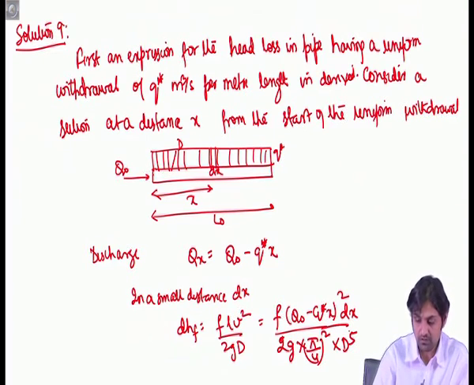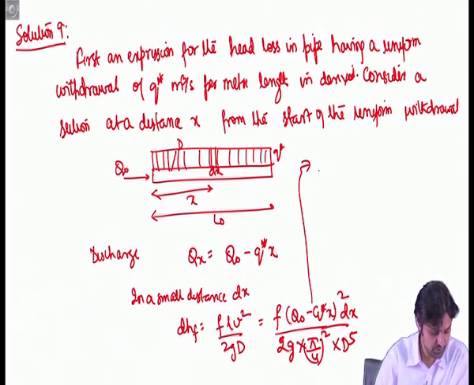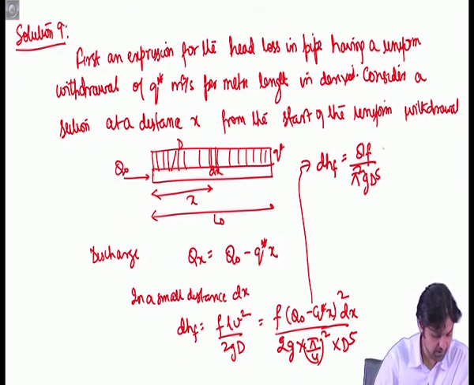Just writing dhf will be 8f divided by pi square g d to the power 5 into (Q naught minus Q star x) whole square dx.